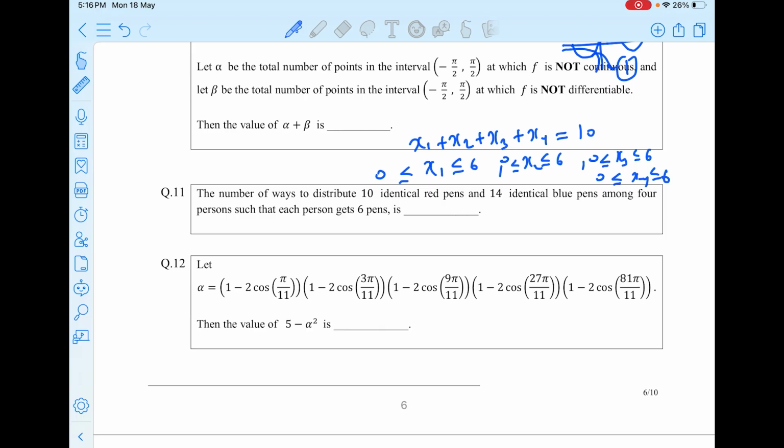For example, if x1 is taking 2, x2 is taking 2, x3 is taking 3 and x4 is taking 3, suppose this is the case, these are the red pens. So now blue pens are already fixed. Here how many blue pens? 4. Here also 4. Here 3. Here 3. So basically you have to just distribute the red pens.